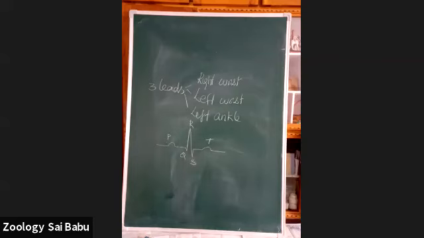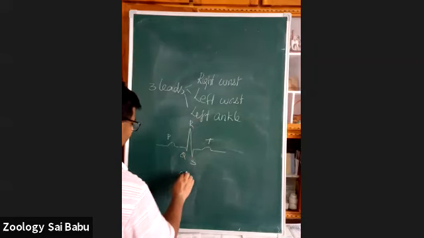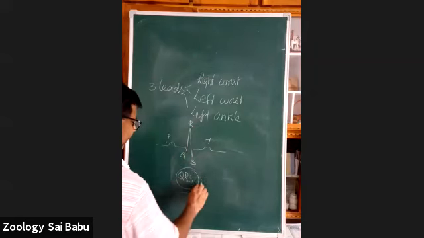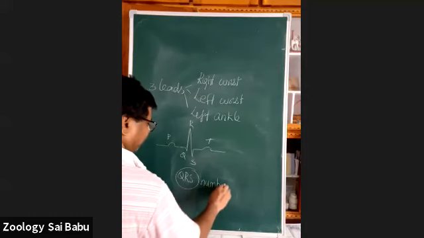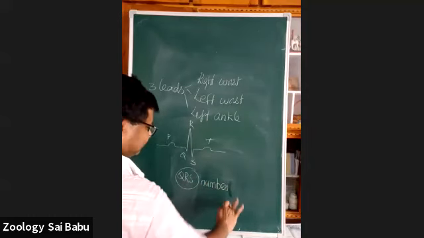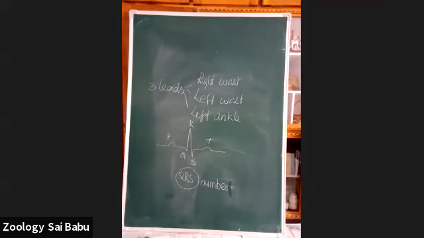The number of QRS complexes in 1 minute is equal to the number of heartbeats in 1 minute. From this ECG, we can make that inference.